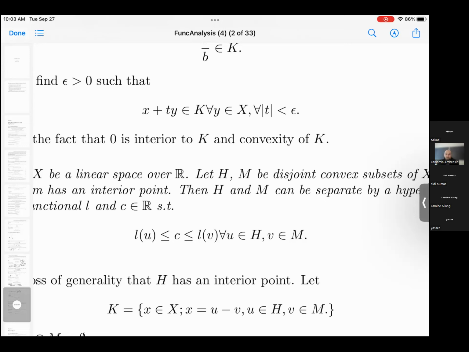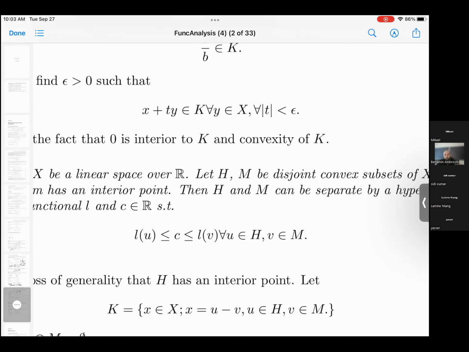Because x equals 0 if and only if u equals v, but H and M are disjoint, so there's no point in X that belongs to both H and M, so you cannot cancel u minus v, right?